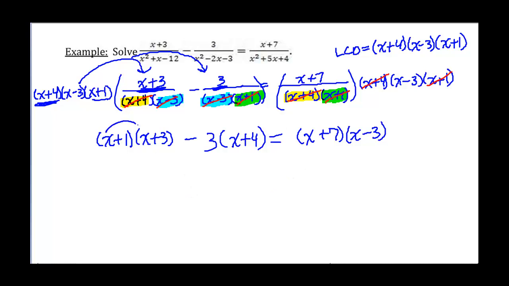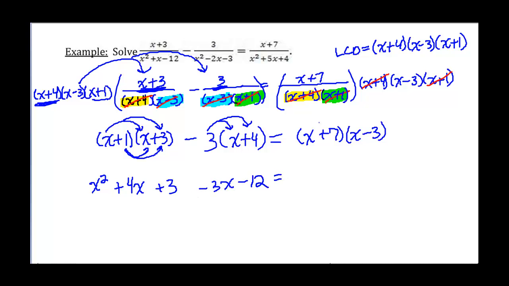Now I'm going to simplify, because I can't solve it until I see what type of equation I'm going to end up with, right? So I'm going to have an x squared plus 3x plus 1x is 4x with that forward method, those two middle terms. And 1 times 3 is 3. And I'm going to pull the negative with that 3 when I distribute. And I'll get a minus 3x minus 12 equals, let's distribute using our forward method here. We have an x squared minus 3x plus 7x is plus 4x.